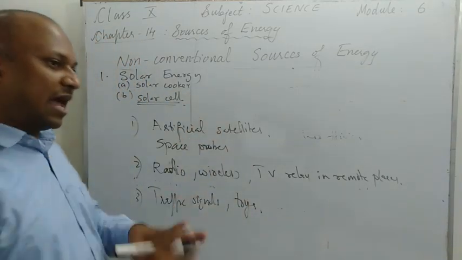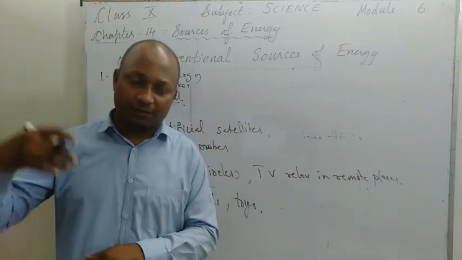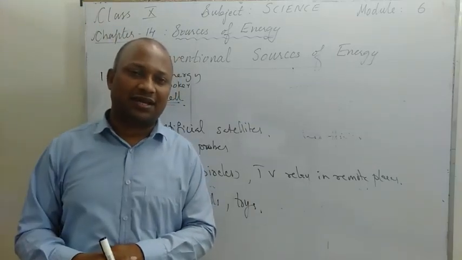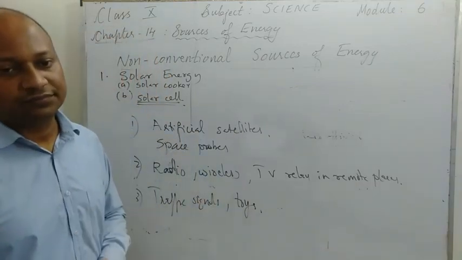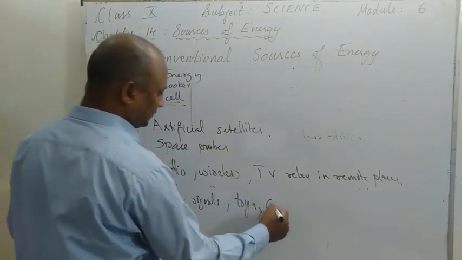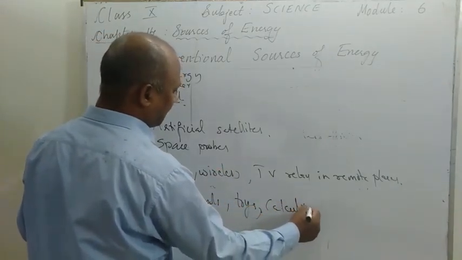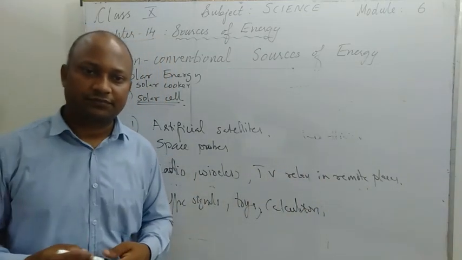Nowadays solar panels are even used at home and in many industries to produce electricity to run their machines, run ACs and all. Even calculators; solar calculators are there. So that's all about the solar cell.